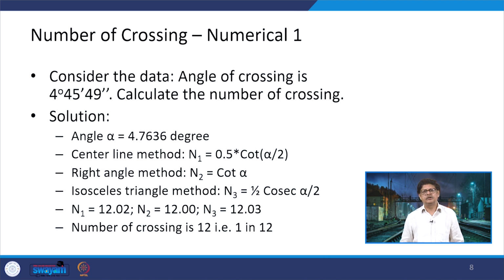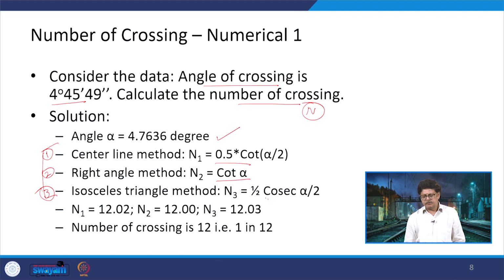Let us look at a numerical here. We have been given the angle of crossing, which is 4 degrees 45 minutes and 49 seconds. We have to calculate the number of crossing, that is n. So, alpha is given here. Now, it is being converted into degrees, so it is 4.7636 degrees. There are 3 methods which we have discussed already: method 1 center line, method 2 right angle method, and method 3 the isosceles triangle method.